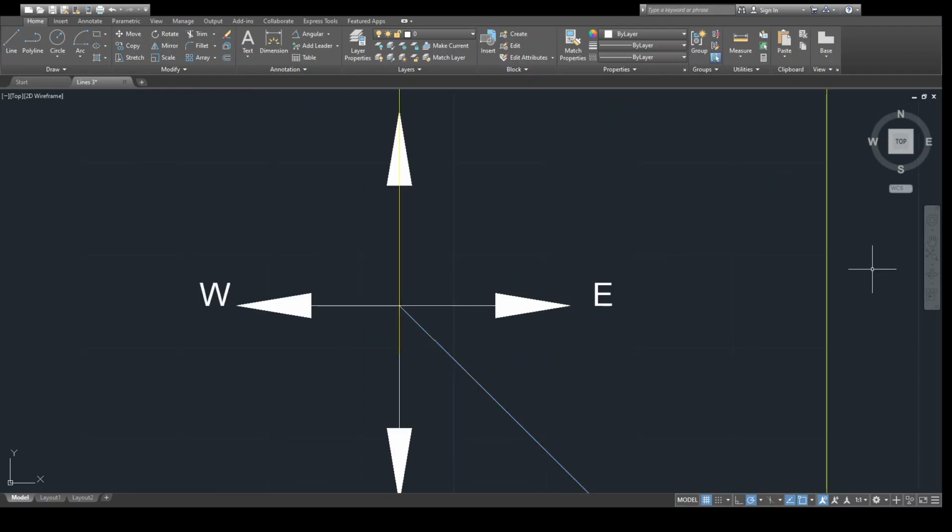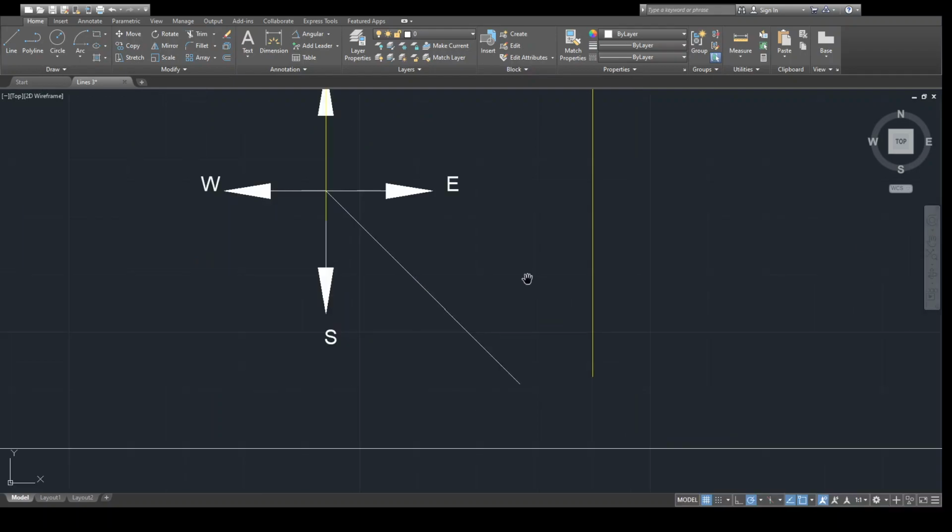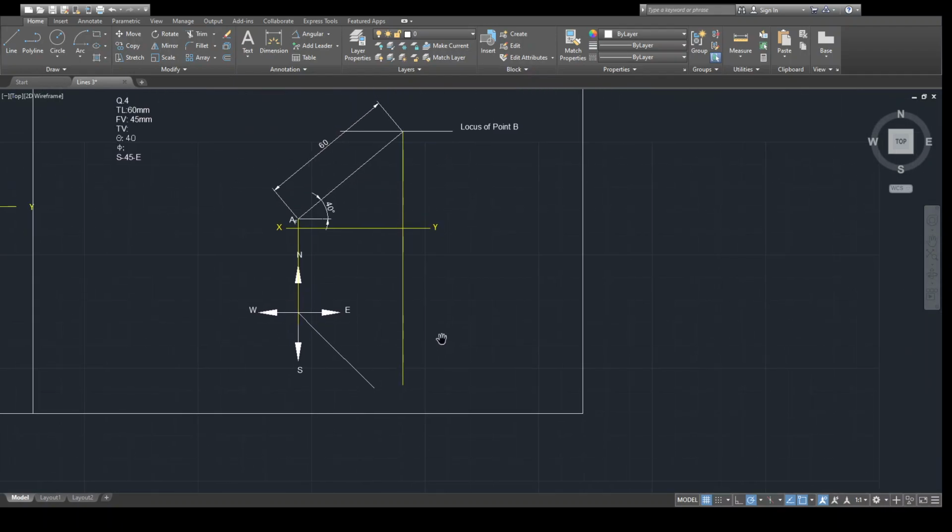Yes, the line is broken, no problem. Group. Now it becomes a single line. Okay, so what we have done: first the length 60, inclination 40, then S45E.